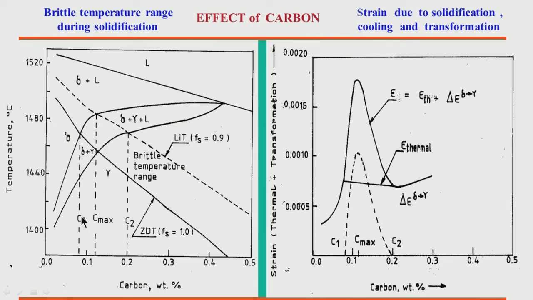Here, as I mentioned, at carbon concentration less than C1, total solidification is through the delta mode. Delta to gamma transformation, this line, starts and is completed only after solidification at a much lower temperature. Beyond 0.2% carbon, delta to gamma is taking place, and up to say 0.4 or 0.45, it is taking place during solidification, but above this critical temperature zone.